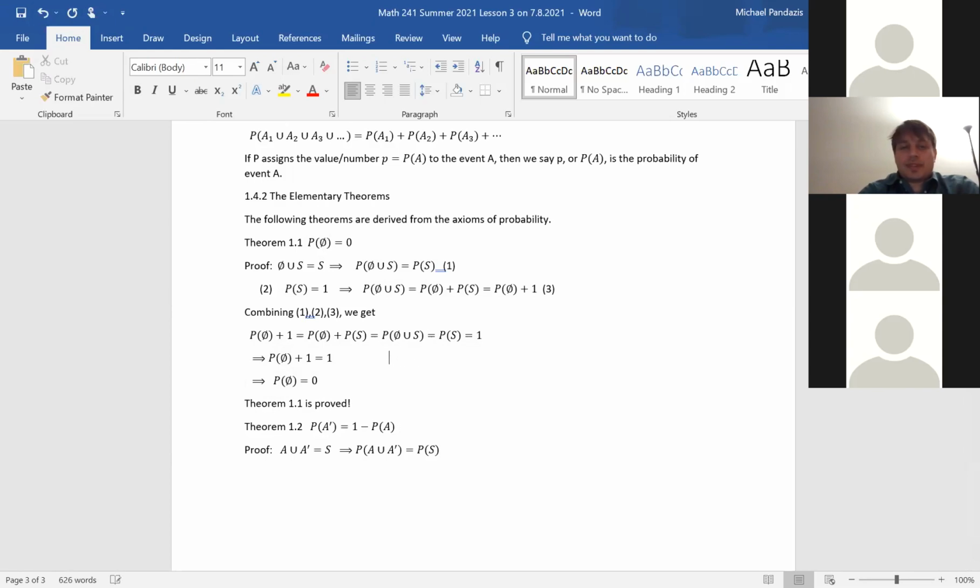In algebra you would use x or y and solve for it, but you can still have situations where instead of x or y, you have the probability of something. So P of the empty set is an unknown, and that's just an equation with an unknown, and you solve for it and you get 0.